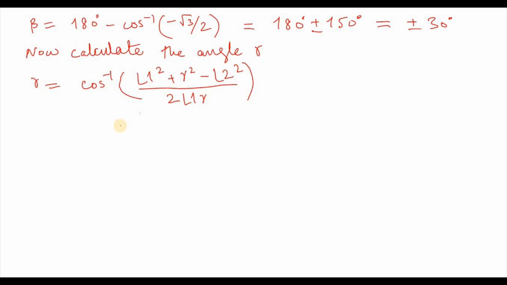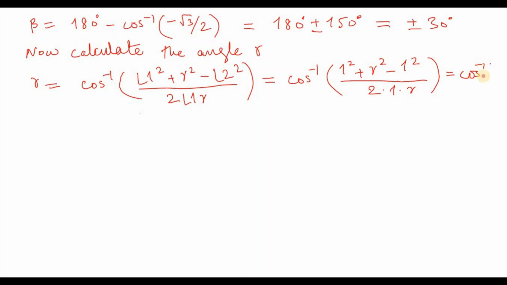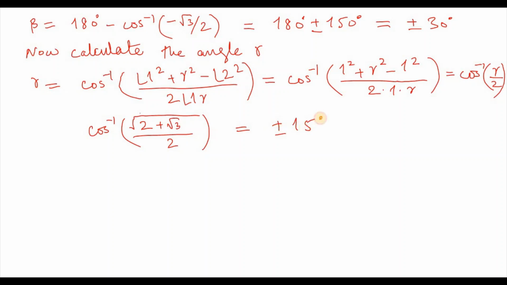Okay, so now we will put values here. Cos inverse, this should be 1 square plus r square minus 1 square over 2 into 1 into r, and this will be cos inverse of r by 2, and if you take cos inverse of, put the value of r, which is equal to 2 plus under root 3 divided by 2, we get plus minus 15 degrees. Which is your value of gamma.